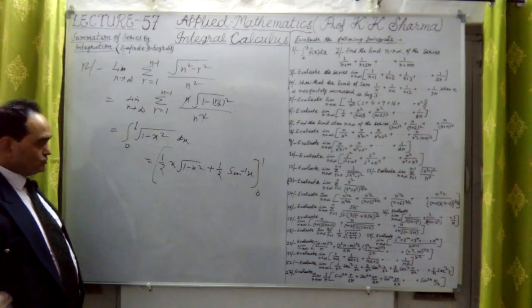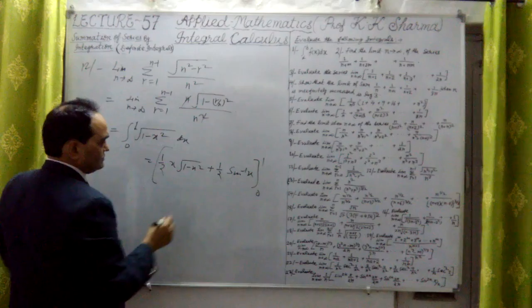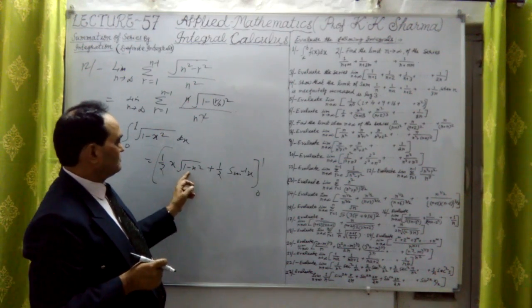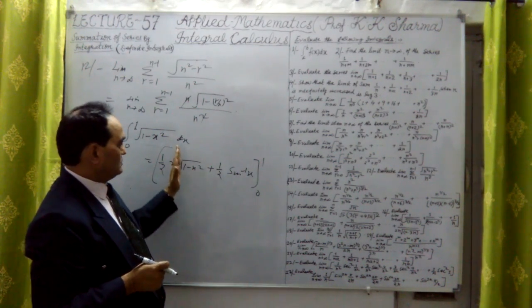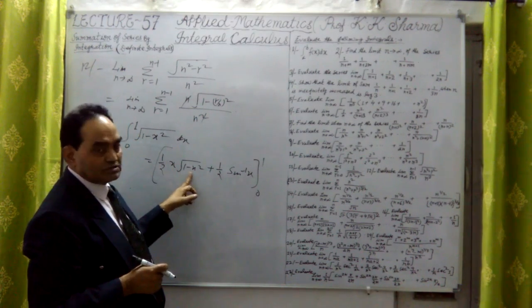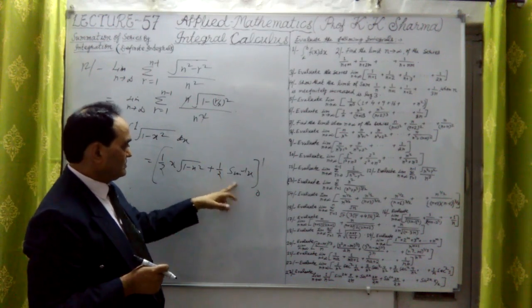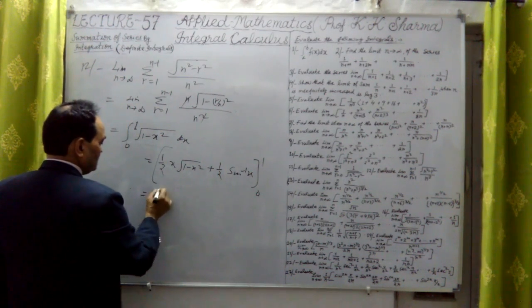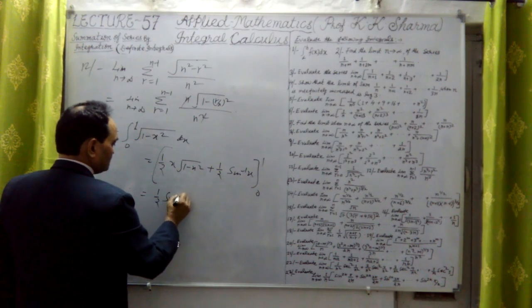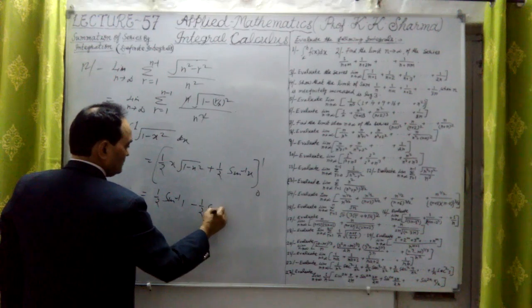If I write here 1 minus 0, the first term is 0 in both cases. At 0, it is 0 into something, which is 0. At 1 also the first term is 0. The second term will be 1 by 2 sine inverse 1 minus 1 by 2 sine inverse 0.